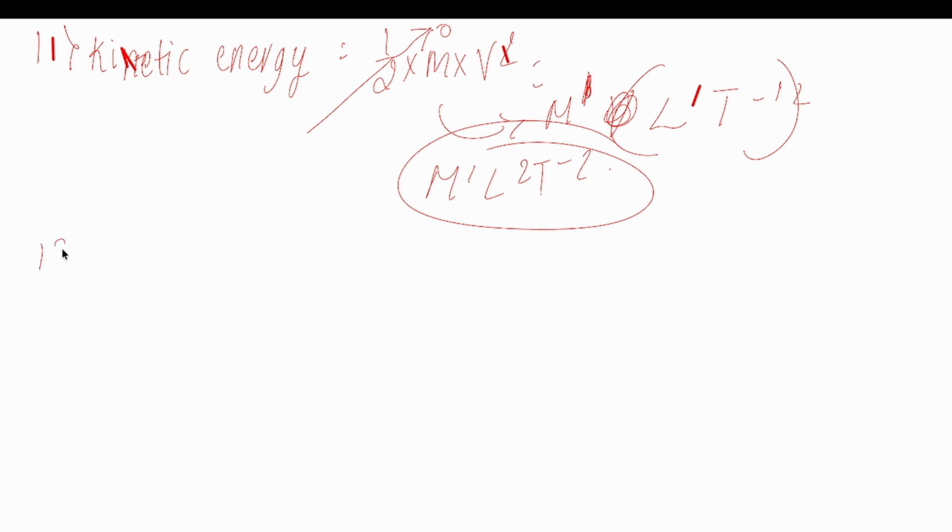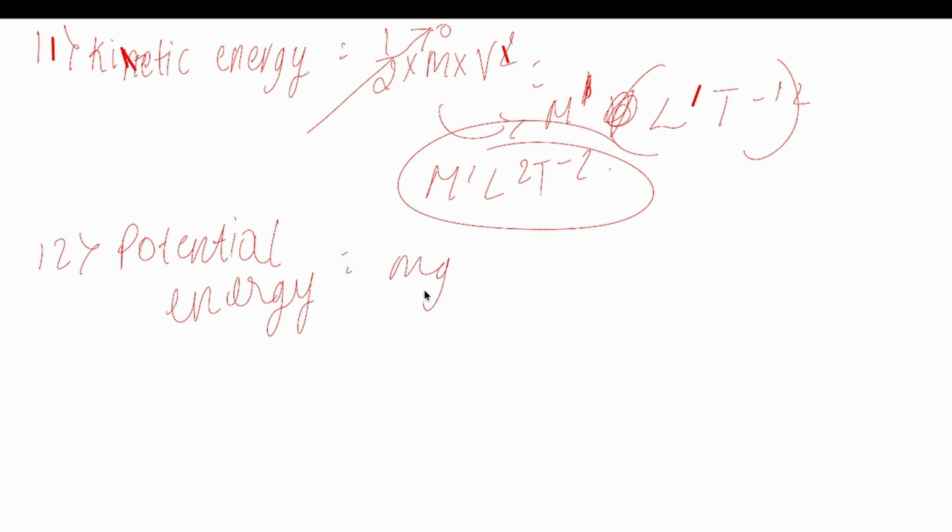So moving on to potential energy, which is mgh. Mass, M power 1. Gravity, which is M power minus 1, L power 3, T power minus 2, into h.